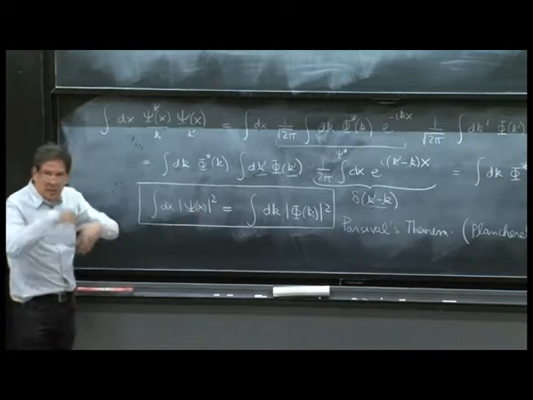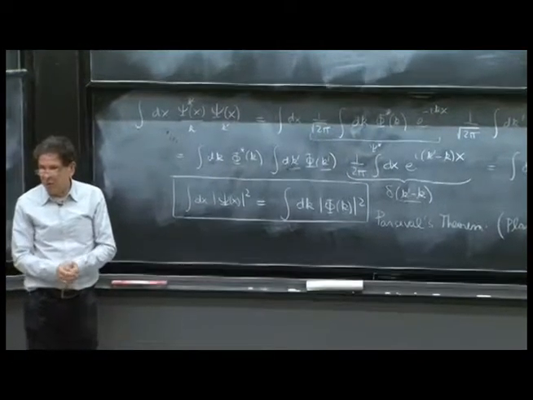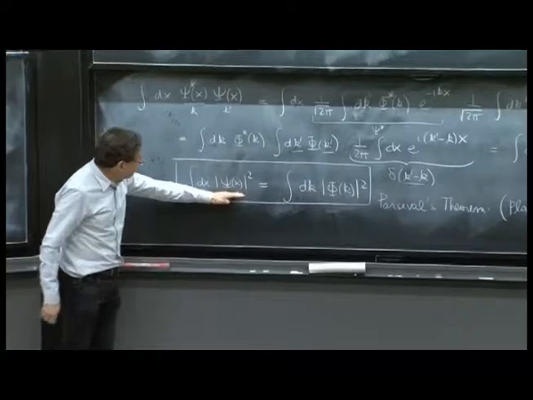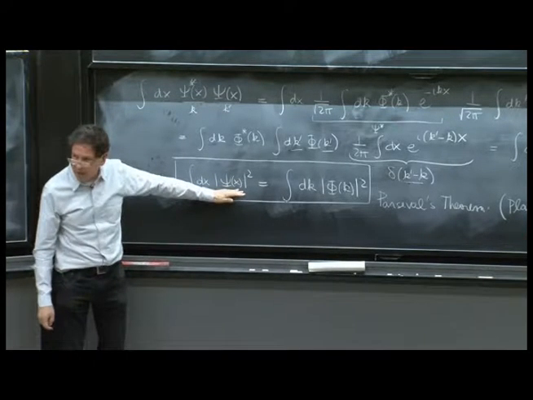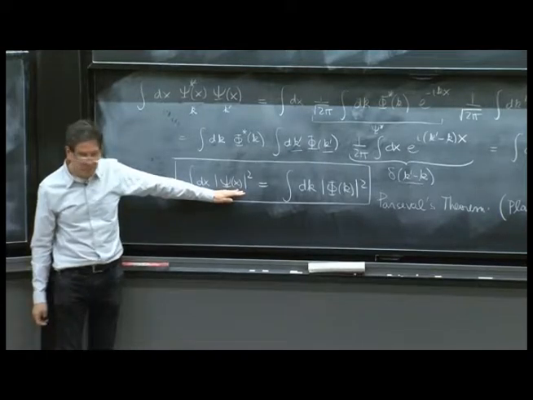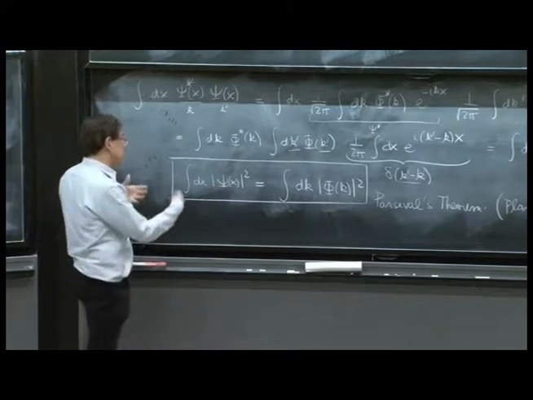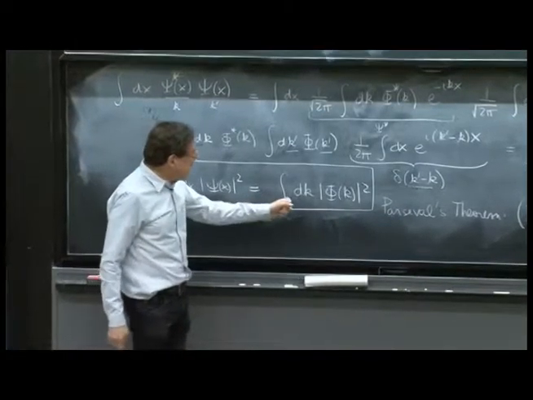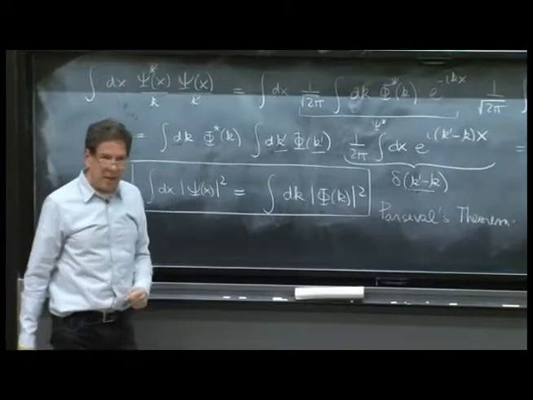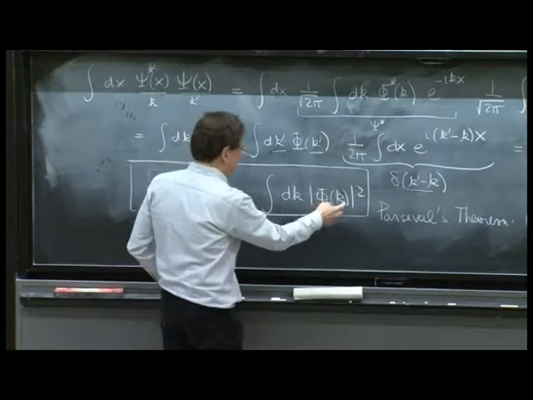Well, the fact that it didn't change in time, thanks to the Schrodinger equation, was very important. It's equal to 1. We ended up with a probabilistic interpretation for the wave function. We could argue that this could be a probability because it made sense. And now we have a very similar relation for phi of k.